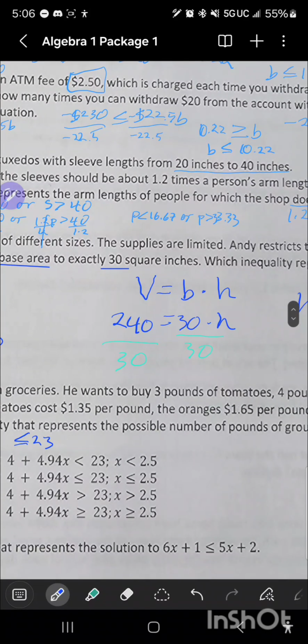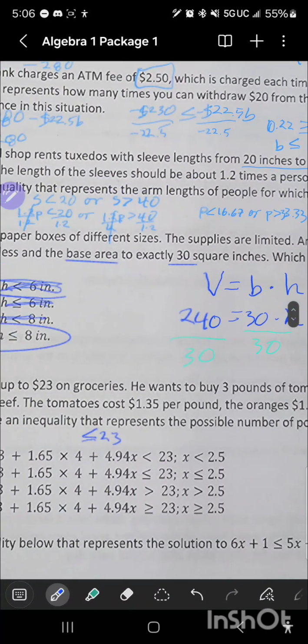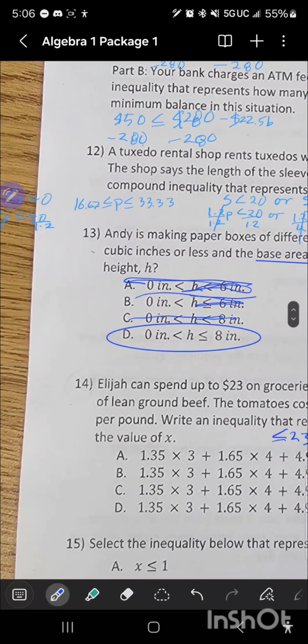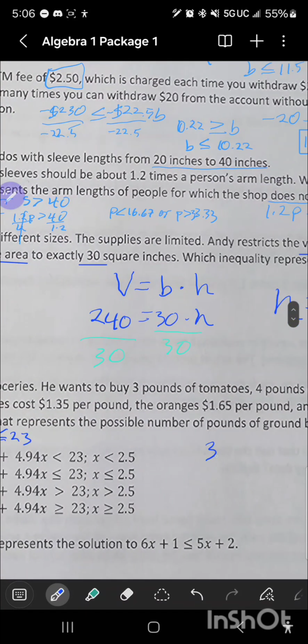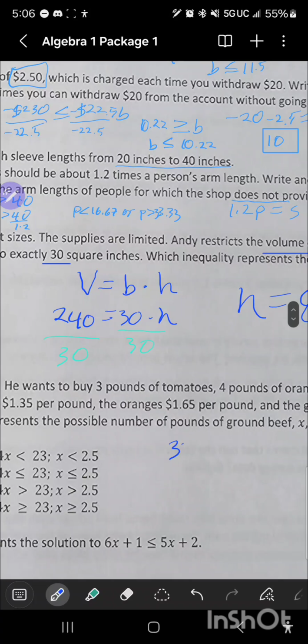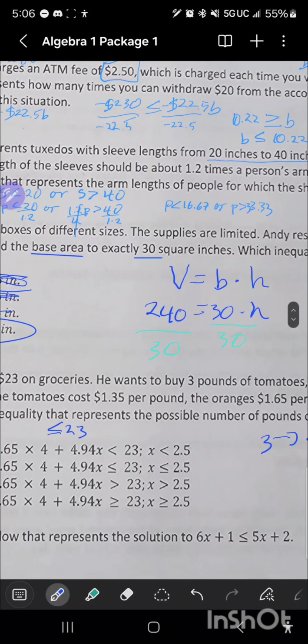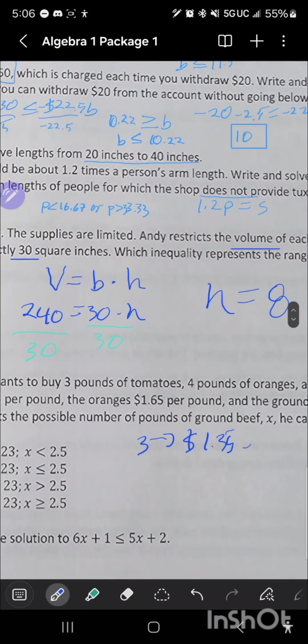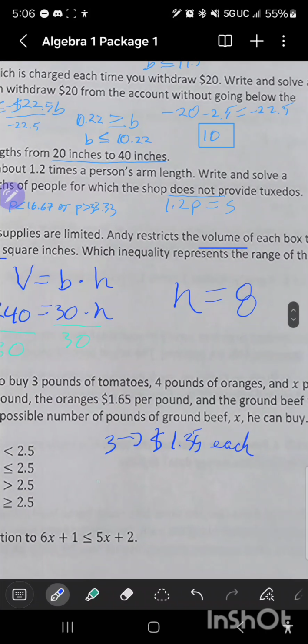Now, he wants to buy 3 pounds of tomatoes, 4 pounds of oranges, and x pounds of lean ground beef. The 3 pounds of tomatoes each cost $1.35. The 4 pounds of oranges each cost $1.65.